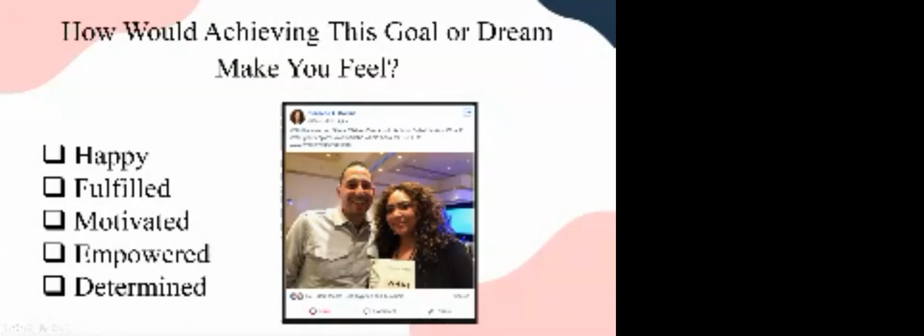I took a picture with him, and less than a year later, he was being featured in my book, Muscle Memory Millionaire. So just the type of relationships, the type of connections, the type of influences, how your life can change so quickly just from publishing a book and becoming a published author.